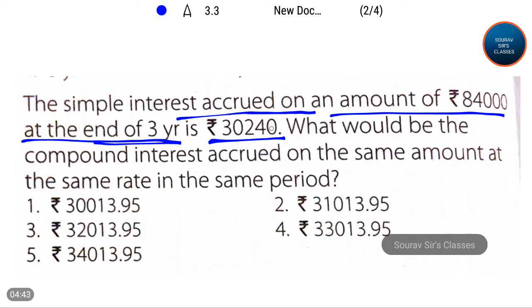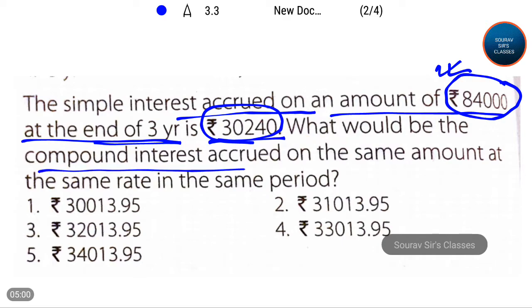So the principal amount here is rupees 84,000 and the simple interest after 3 years of this amount is rupees 30,240. Now we have to find out what would be the compound interest accrued on the same amount at the same rate in the same period. And here 5 options are given.